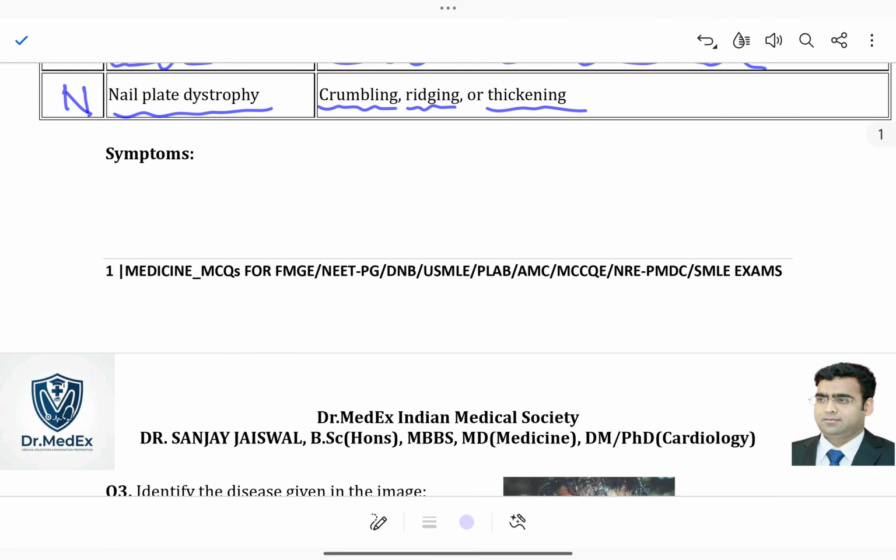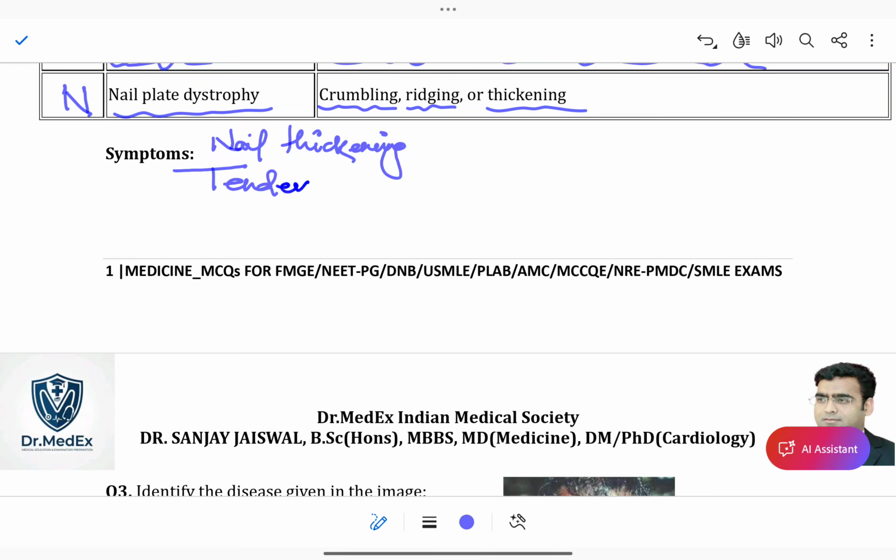Come to the symptoms. What are the symptoms of this? First symptom is nail thickening. Next, tenderness, especially of toes in shoes.